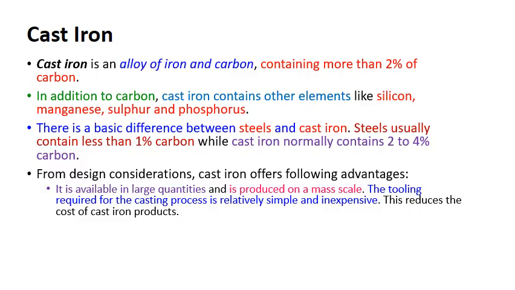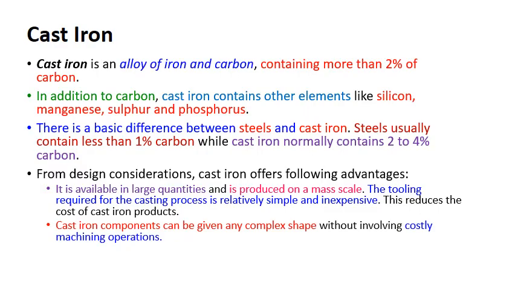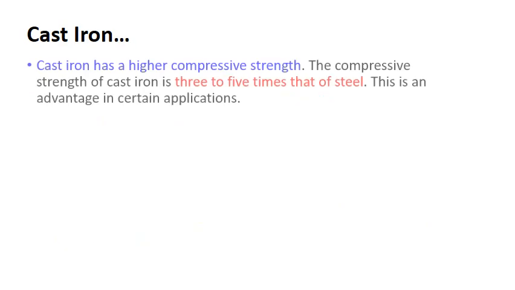You can make your pattern using a sand mold, right? So the cost of the cast iron products is very less. You don't need any dies, which are very costly, and you can give any complex shapes because their castability is very good.